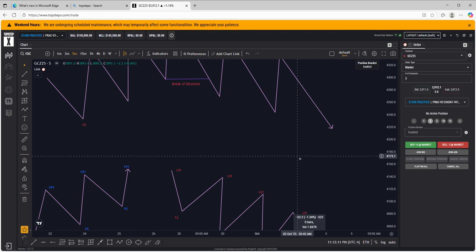Same thing with a lower high, I need 2 or more green candles to justify that lower high, and then for a lower low, 2 or more red candles. So again, that's just understanding structure, the nature of the chart.